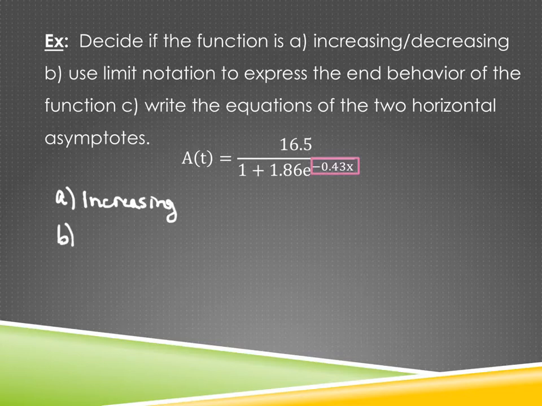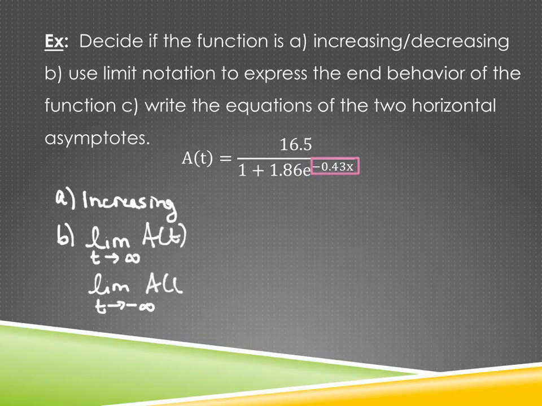Now part B says to use limit notation for the asymptotes. End behavior happens on both ends of a graph. So we have our end behavior in our variable t as t goes to infinity, and we have our end behavior as t goes to negative infinity. And this function's name is a of t, so we're going to write a of t beside the limit notation.